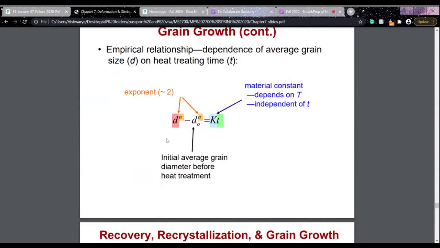The dependence of the average grain size on time is given here by this equation. Here this is an exponent, and generally it will be equal to 2.